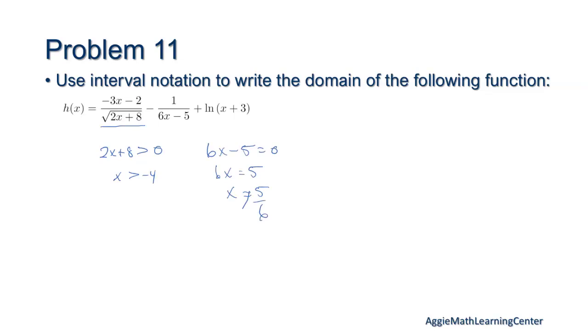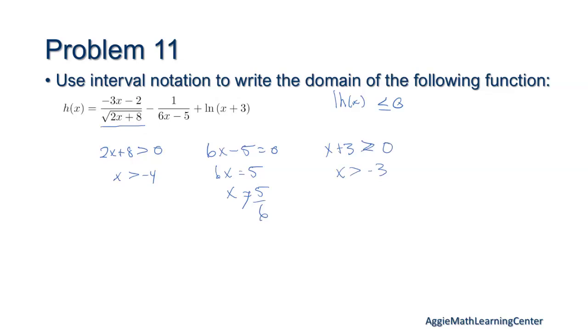And then we know that a log of x of some sort cannot be less than or equal to 0. So we will just set this x plus 3 greater than 0, and then we know that x has to be greater than -3.